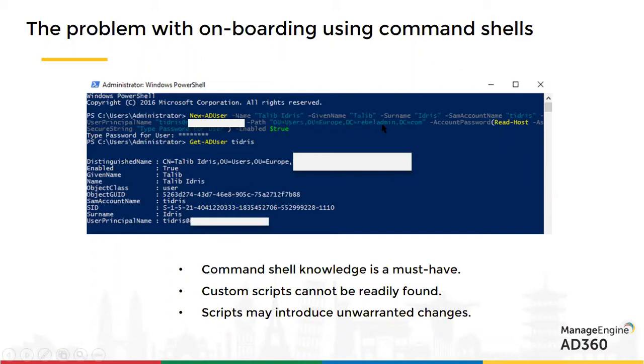You'll have to manually give in the names. So the prerequisite here is that you need to know scripting. Command shell knowledge is a must-have if you have to onboard users in Active Directory or Azure or Office 365. The problem with command line knowledge is that it's not intuitive, it's not easy for you to understand or learn, and the second problem is that there are no ready-made scripts.